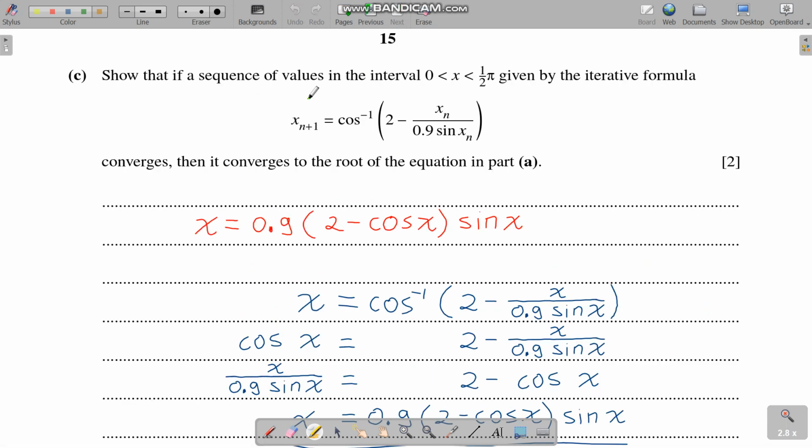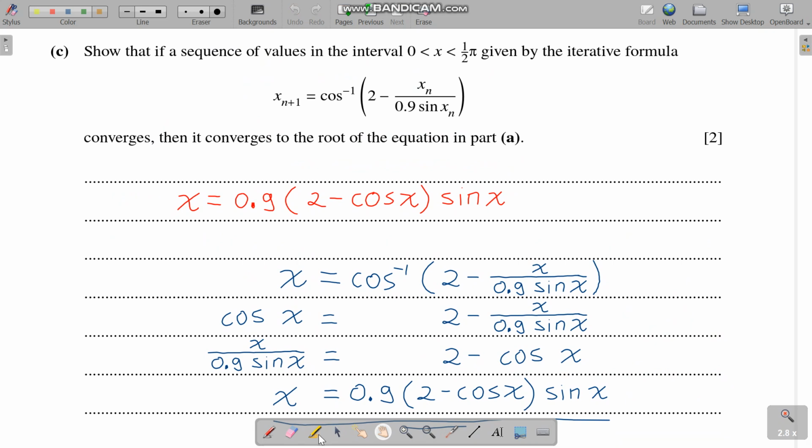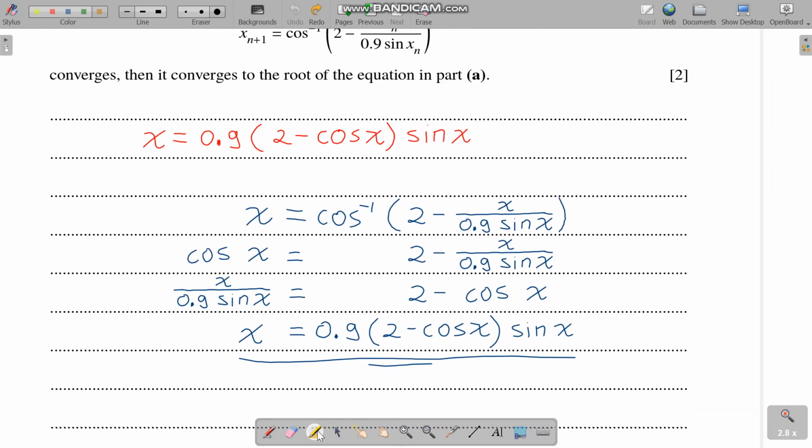And for the next part, show that the iteration will converge to the equation in part A. So this is the equation in part A. Basically we have to rearrange this equation into this. We start by ignoring all the subscripts, the n plus 1 and the n. So it's just x equals inverse cos of (2 minus x over 0.9 sine x), and then we can take cos of both sides.